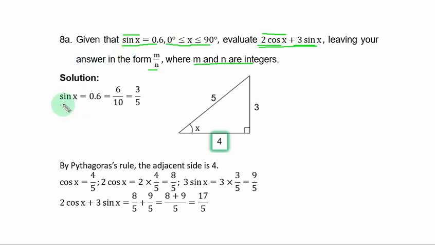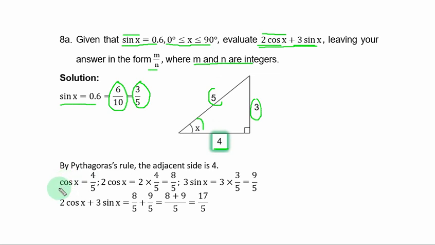Sin S is equal to this. If you convert to ordinary fraction, you have 6 over 10 reduced by 2, you have 3 over 5. So angle S is acute, this is opposite, this is hypotenuse. By Pythagoras rule, this is adjacent and you have 4.